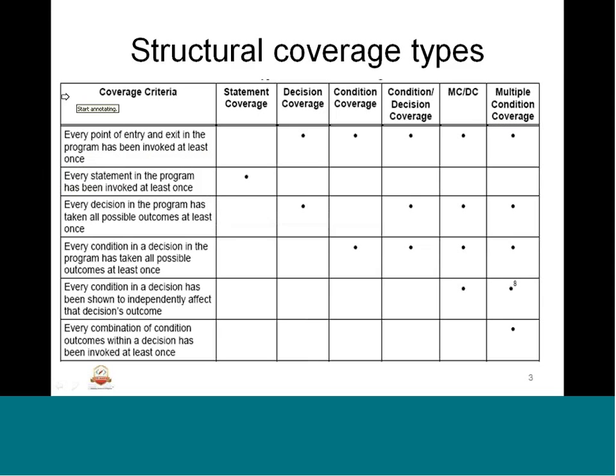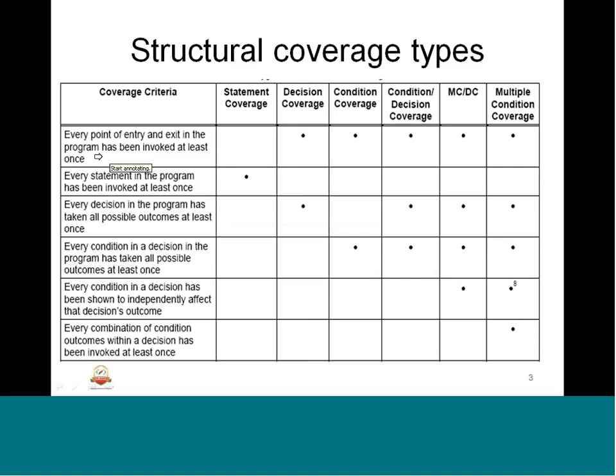Every point of entry and exit in the program has to be invoked at least once. That means we have several program units or function units. The function gets entered and executed. Whatever the possible ways of entering that function or procedure, and whatever the possible ways of exiting it, have to be invoked at least once by the program.